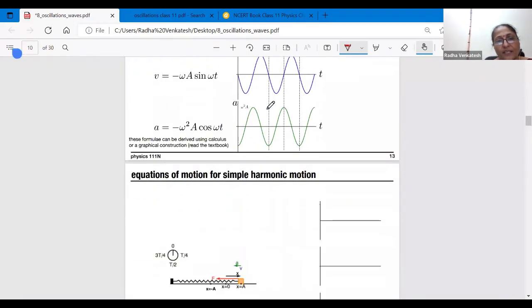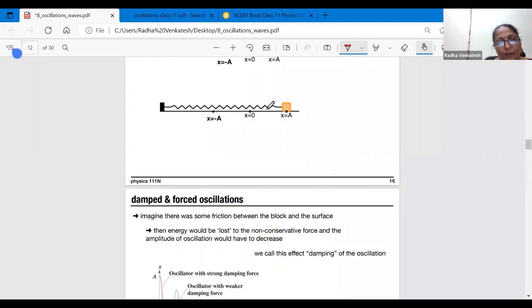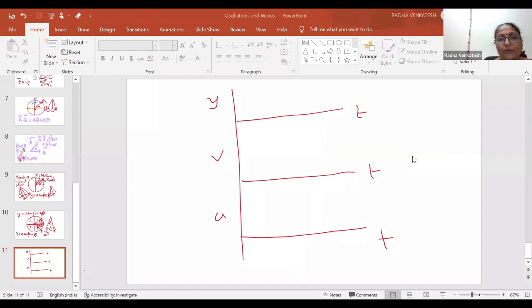Right now, after discussing your energy and all that, one more graph that we will be discussing here. So we have to draw this graph. y is equal to a sin omega t. It's a sine function, so automatically a sine curve. And v is equal to a cos omega t, so it will be a cos curve.